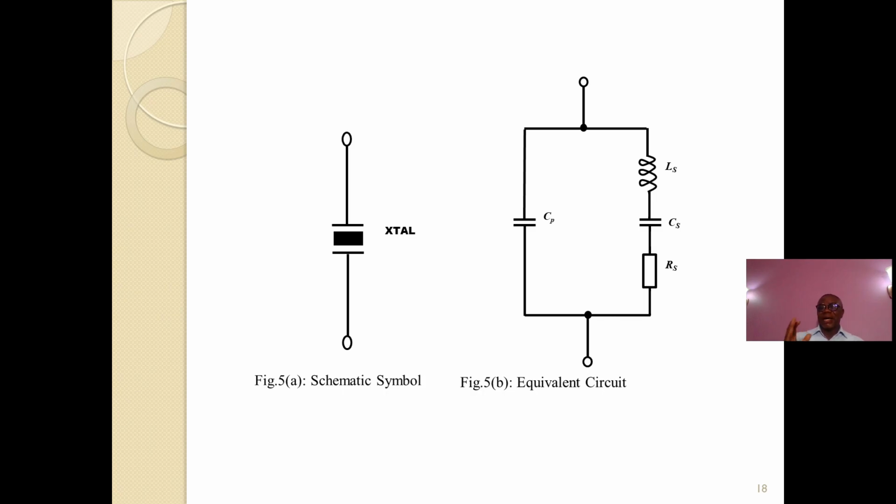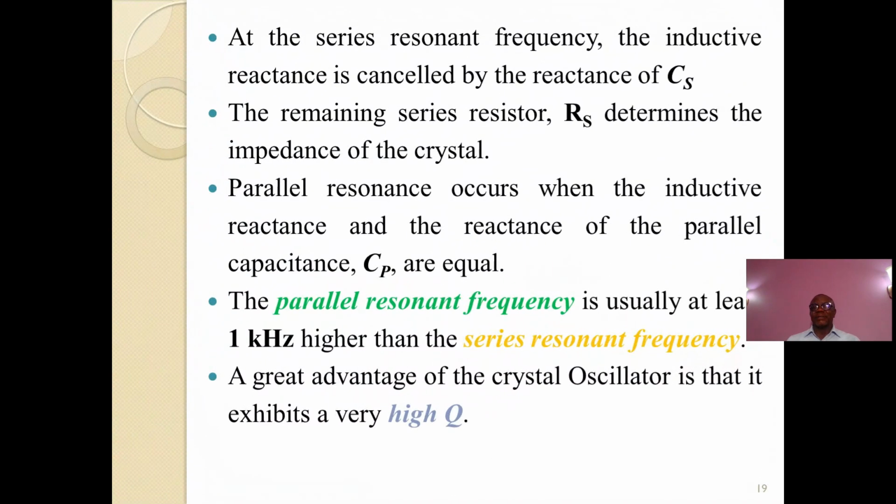We say at that resonant point, the reactance of LS and that of CS, from our basic circuit theory, must be equal. So the developed voltage only appears across the series resonant frequency. The inductive reactance is cancelled by the capacitive reactance CS.